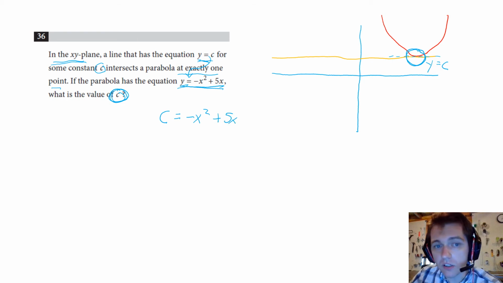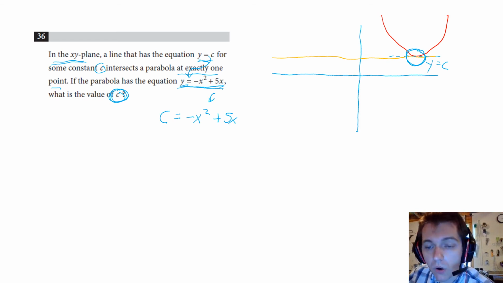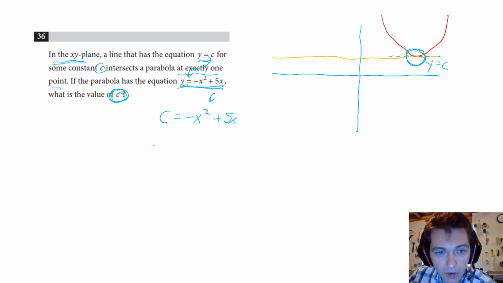By now, because this equation only has an x squared term and factoring does you no good, it should clue you in that you're going to be using the quadratic formula here. So set it to the form you're used to seeing a quadratic equation in, meaning move the c over to the right side, so subtract c from both sides. 0 is equal to negative x squared plus 5x minus c.